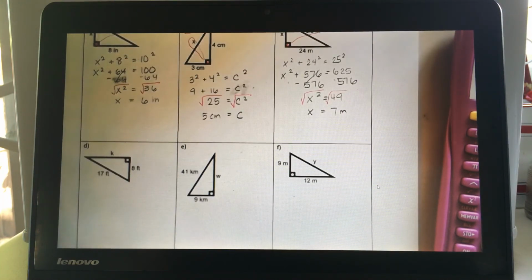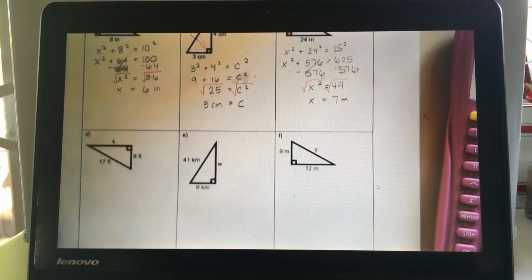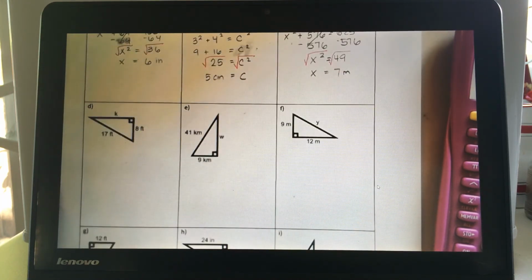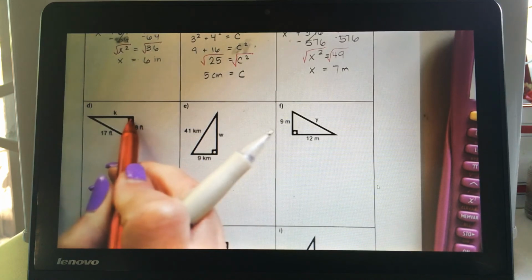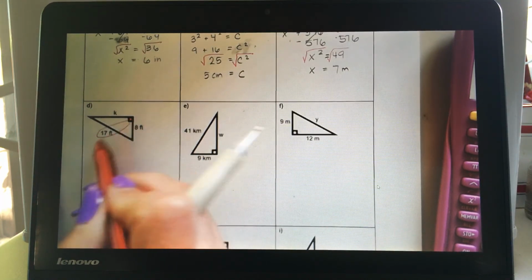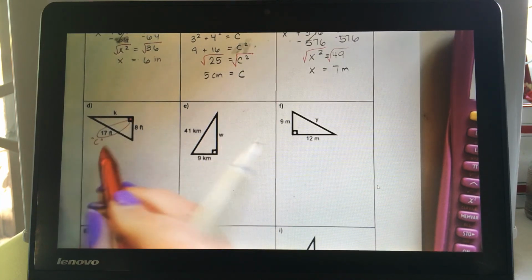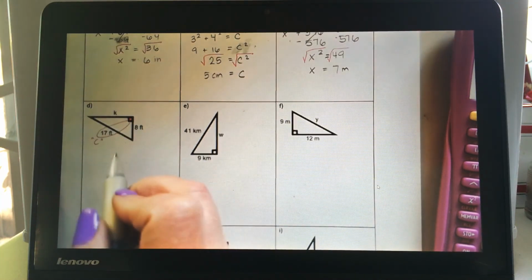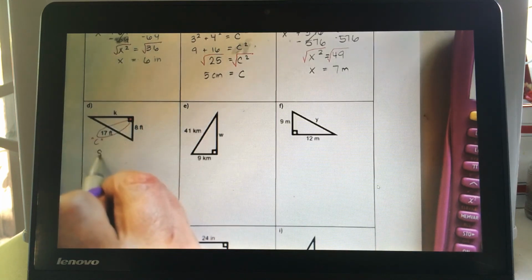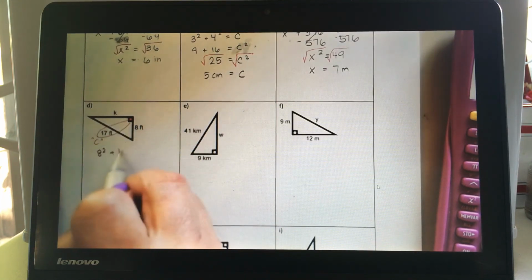We'll take a look at D and E. So again, no matter how our triangles are situated, the longest side is always across from that right angle. So that's why I always kind of take that right angle and go capture that side across from it, so I can tell what my smaller side and medium side are.